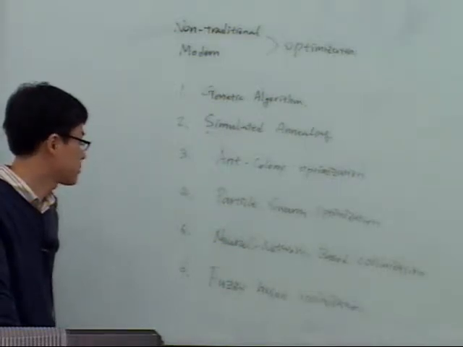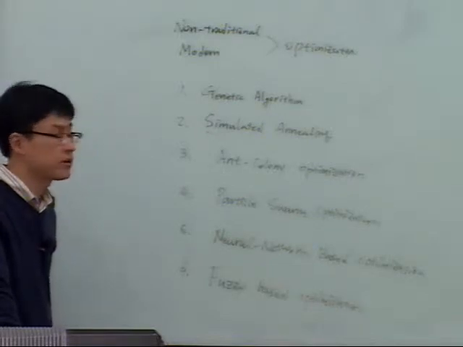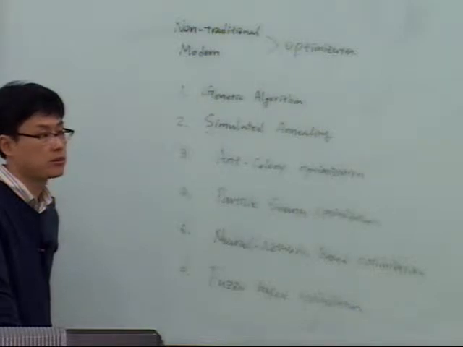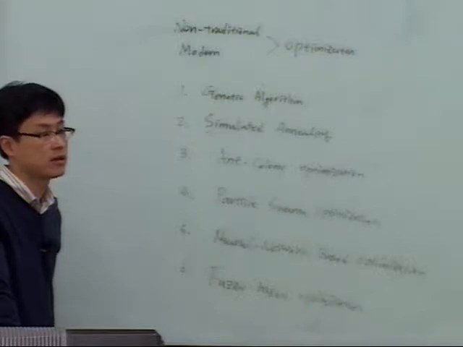And number 5 is neural network based optimization. You know, the idea is also from neurology. Our brain is nothing more than a group of neurons. And this neuron is one single cell, and it is very simple.